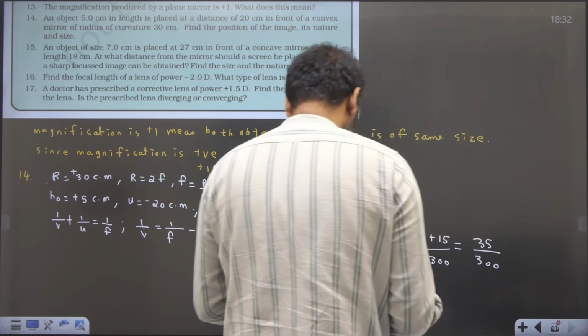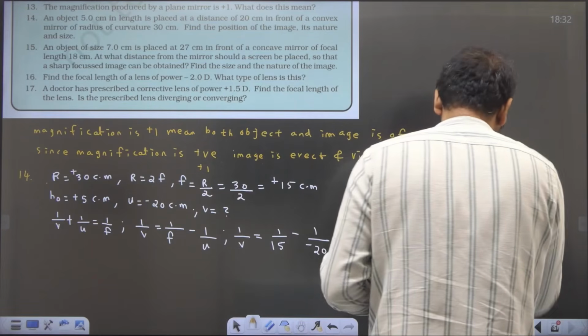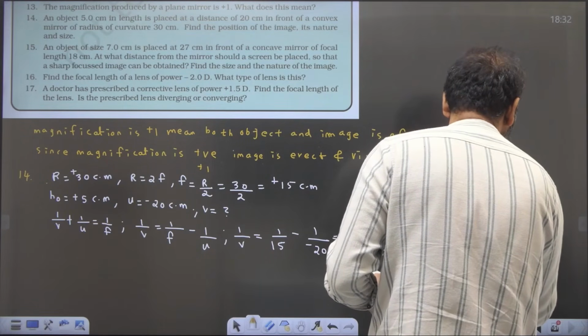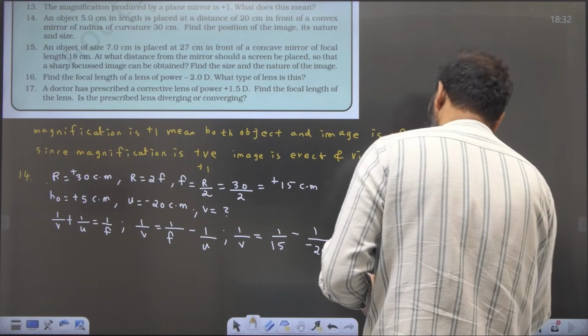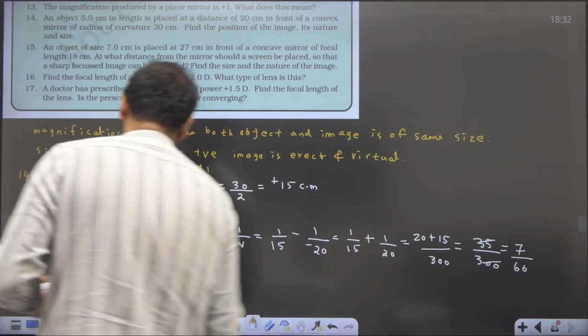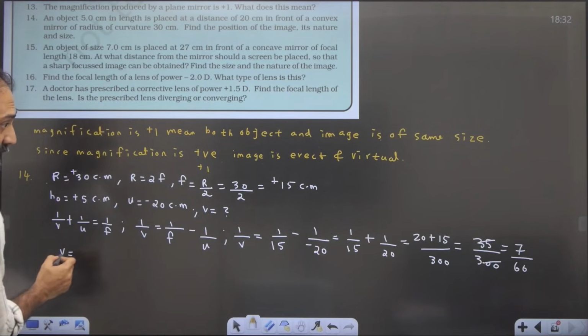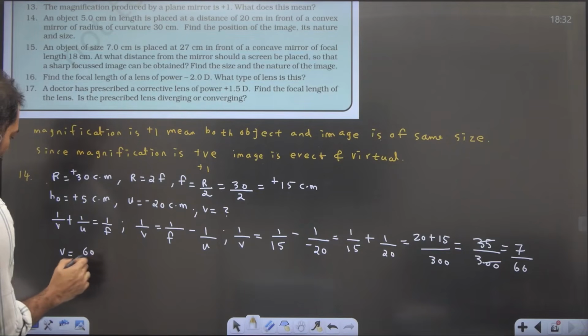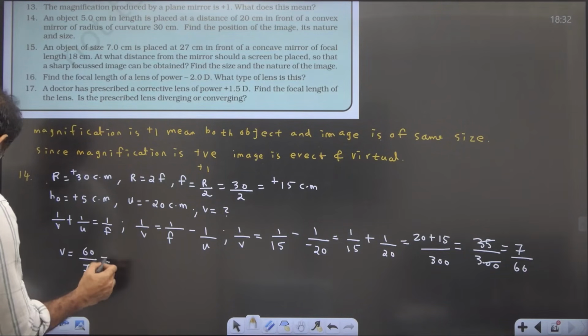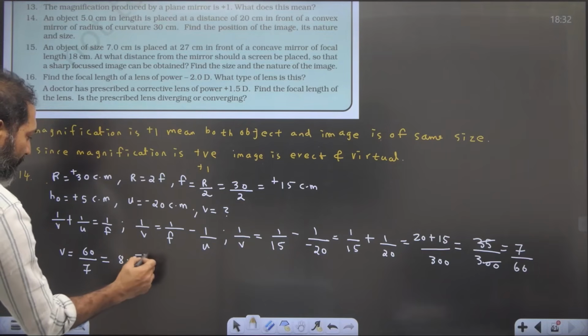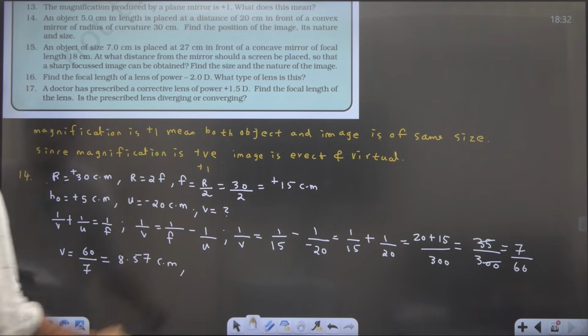Dividing by 5, it is 7 by 60. That is 1 by V. So V will be 60 by 7. If you do that calculation, your answer will be 8.57 centimeter.